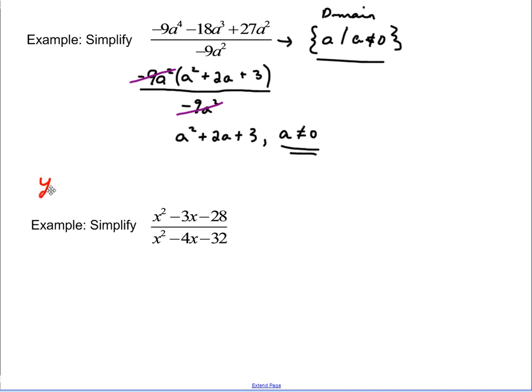You cannot cancel common terms. Only common factors.